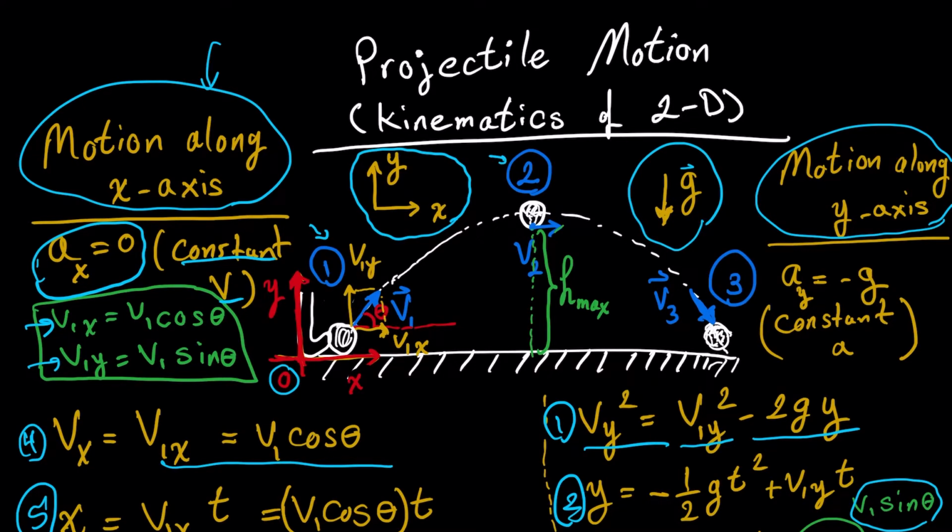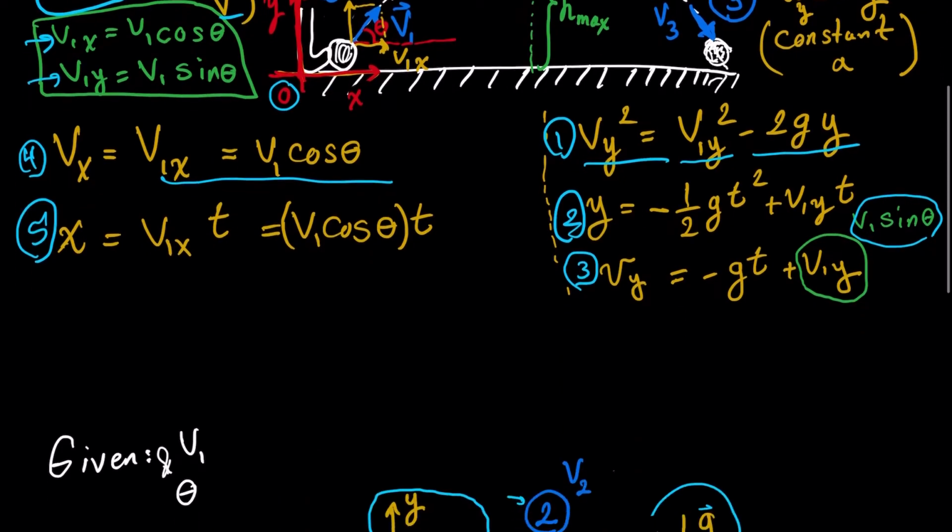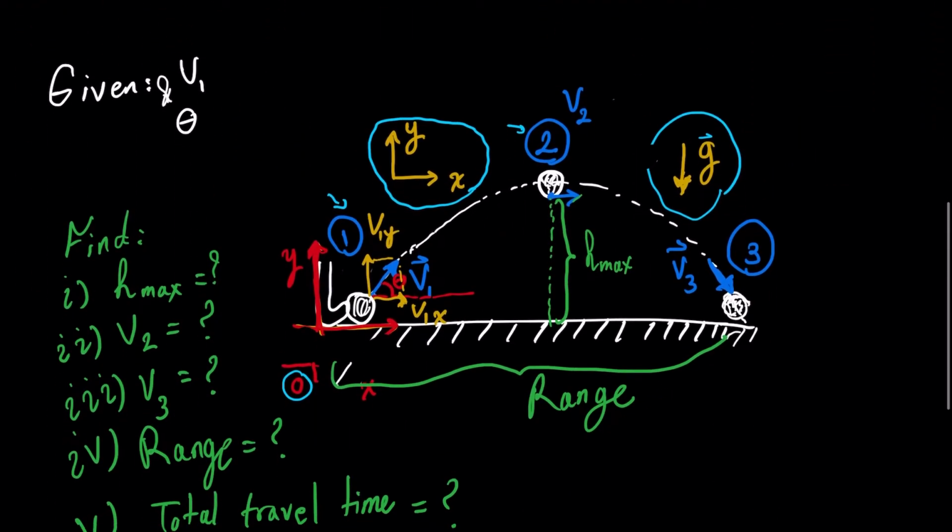All right, now given these kinematics equations for projectile motion, let's look at an example of projectile motion. In doing so, we're going to look at some of these main time points, time points 1, 2, and 3 along this trajectory, and ask the following questions. So here's the example.